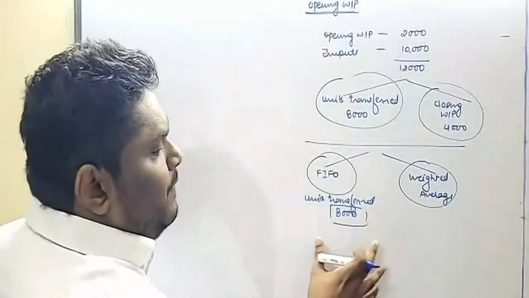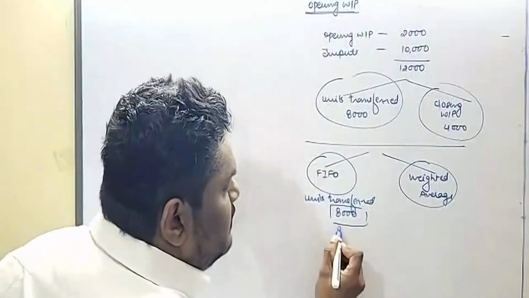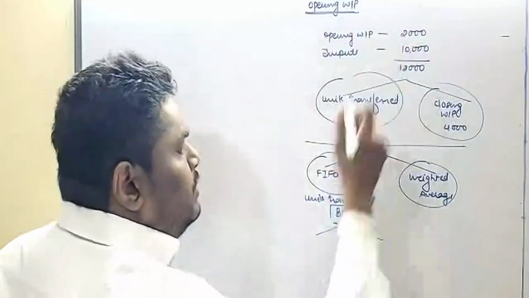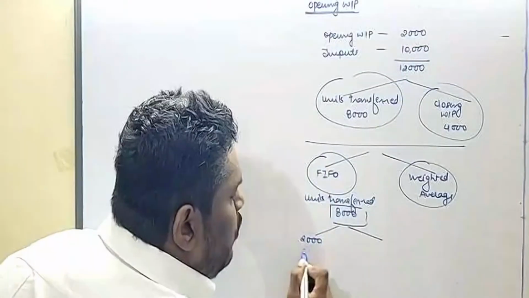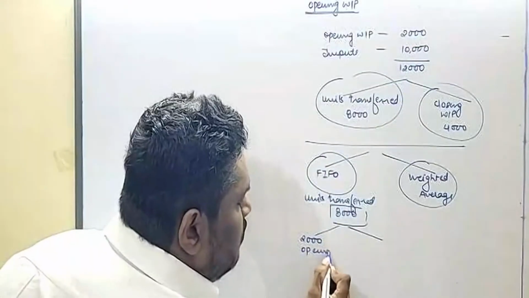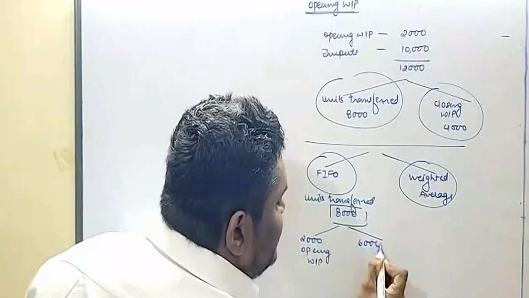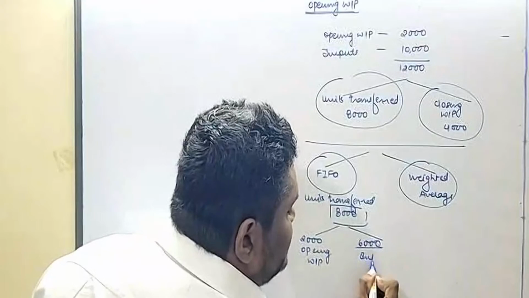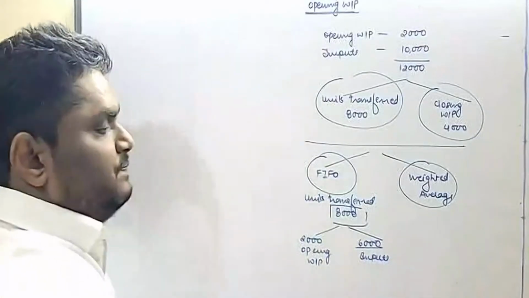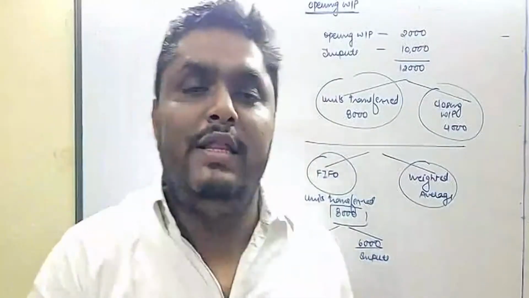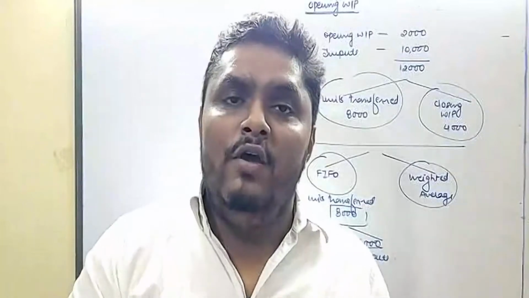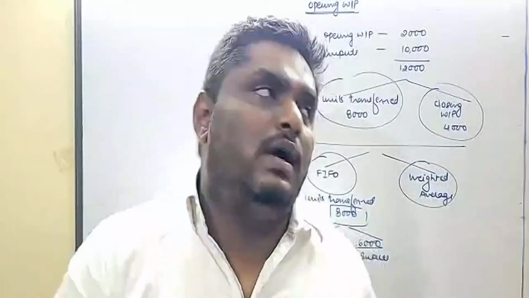When talking about valuation of these 8,000 units, 2,000 units will be transferred from opening work in progress and the balance 6,000 units will be transferred from the inputs that are made during the month. So this is the concept of FIFO, wherein first in, first out.